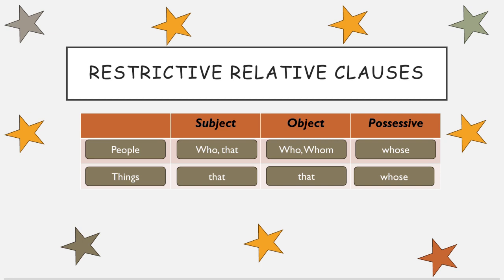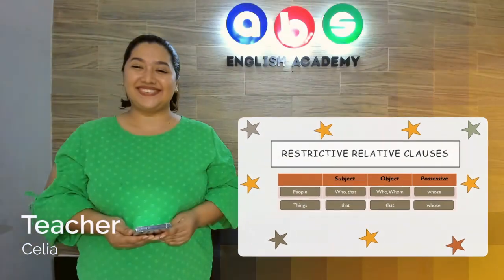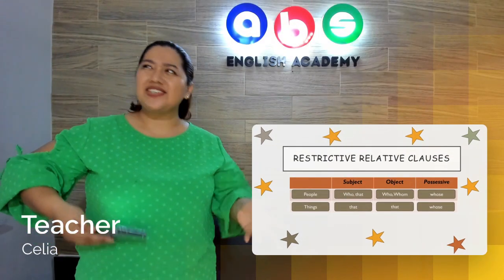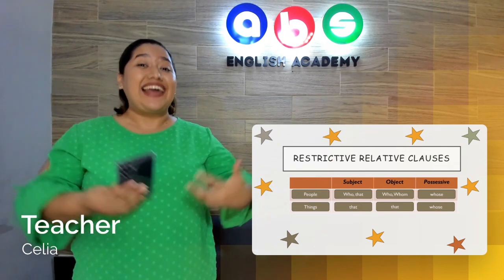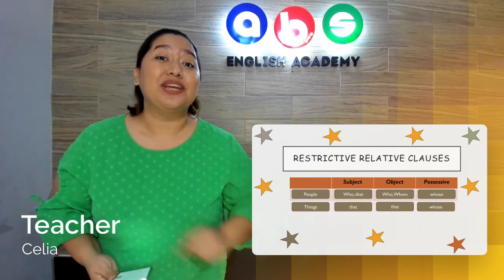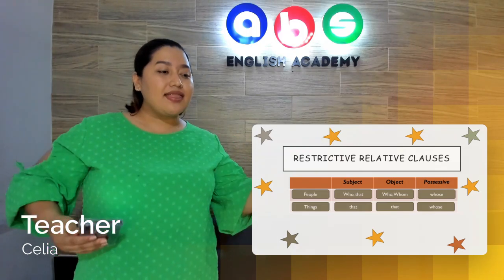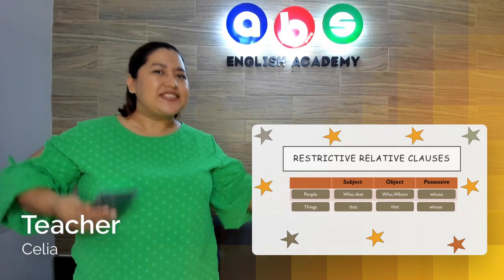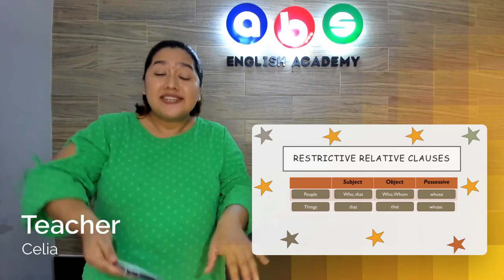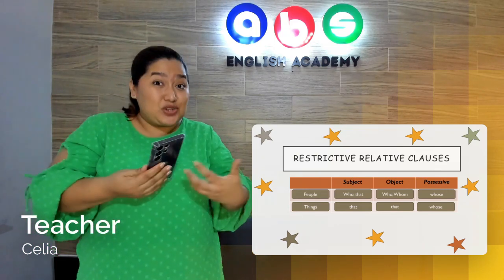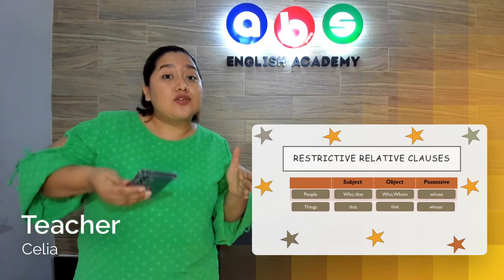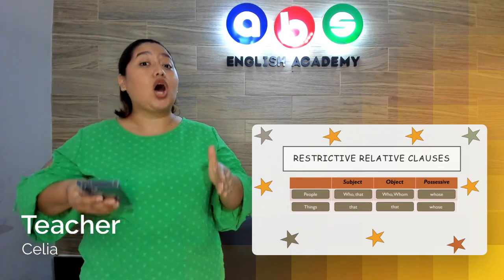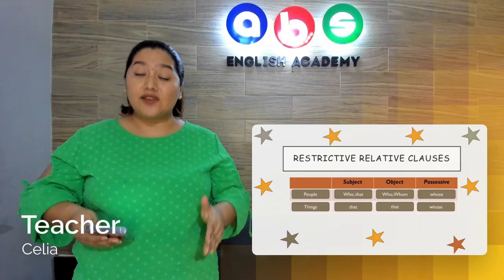Come on, come back with me. What about subject, objects, and possessions? Well, sometimes you can relate these two ideas when you are talking about the subject. I mean, the noun, that person who we are talking about. But sometimes we want to relate these two ideas about an object. In that case, you need to use the object relative pronoun.